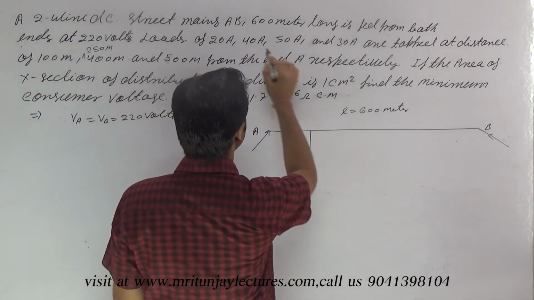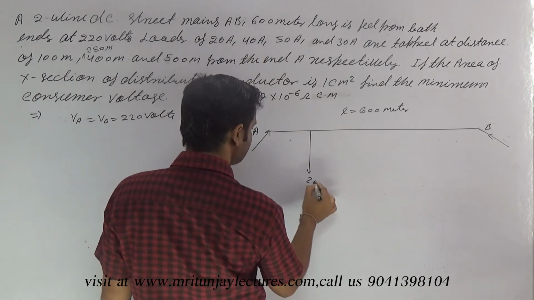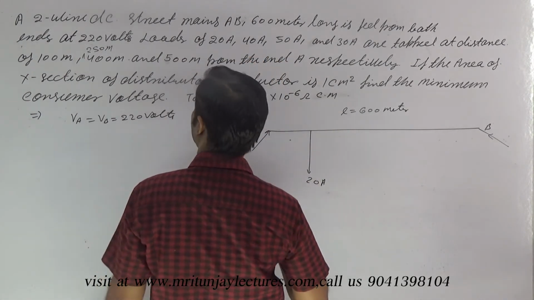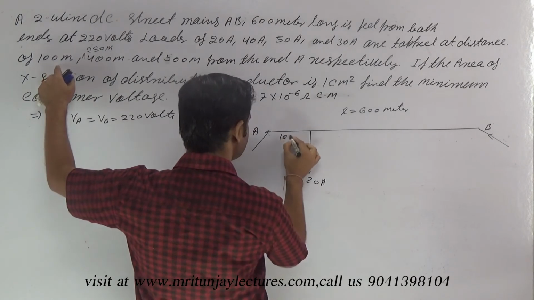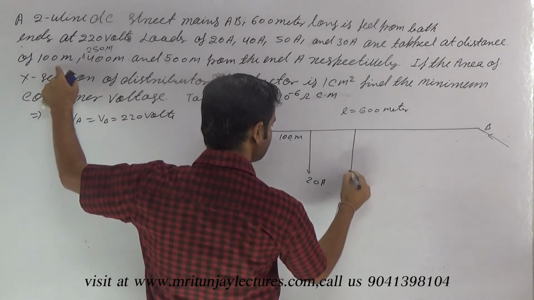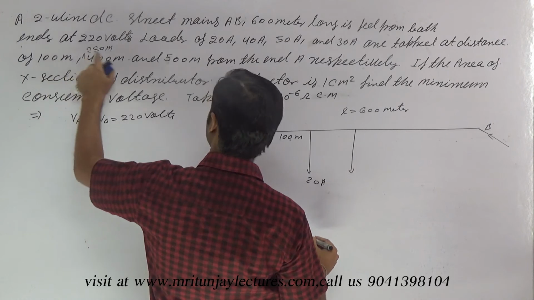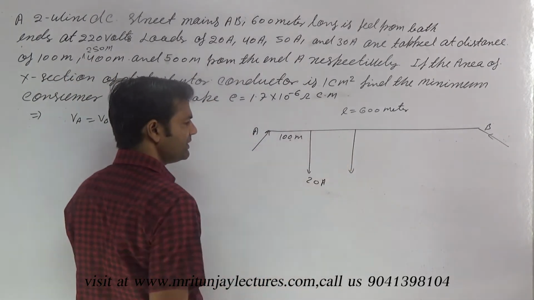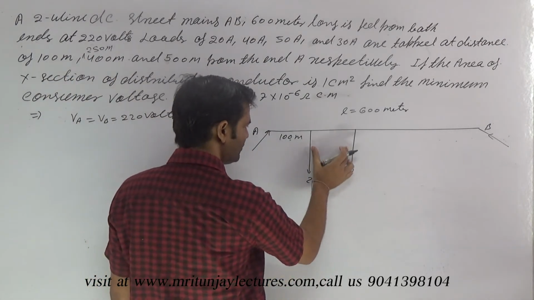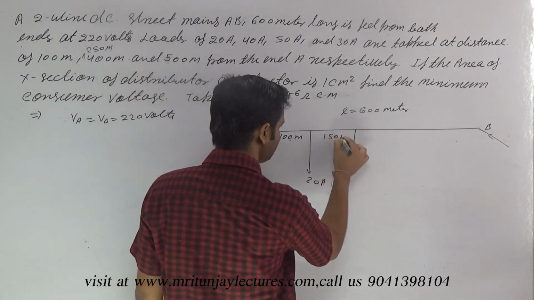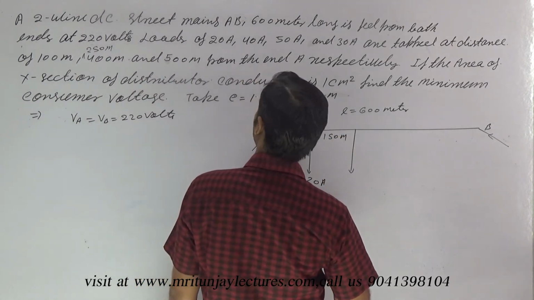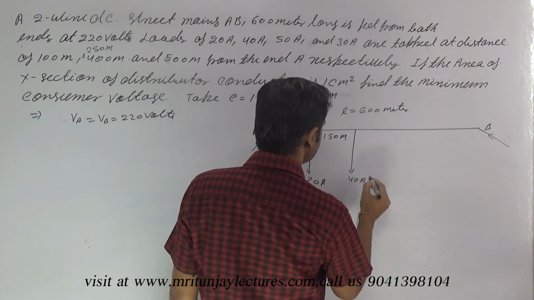Means from A, the first one is 20 ampere. What about distance? That is 100 meter. After that, 250 means the distance between both is 150 meter, and the current is 40 ampere.